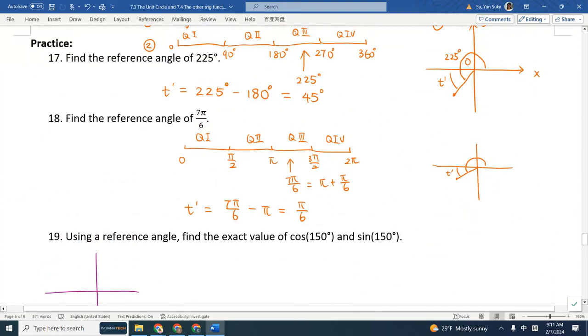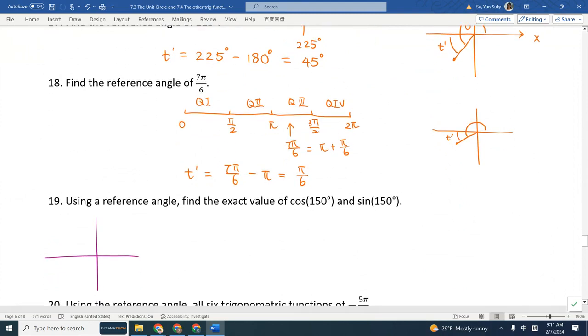Which quadrant does it lie in? Quadrant 2. So draw a picture. Quadrant 2. So this is 150 degrees. We're in quadrant 2. Yes, everybody?